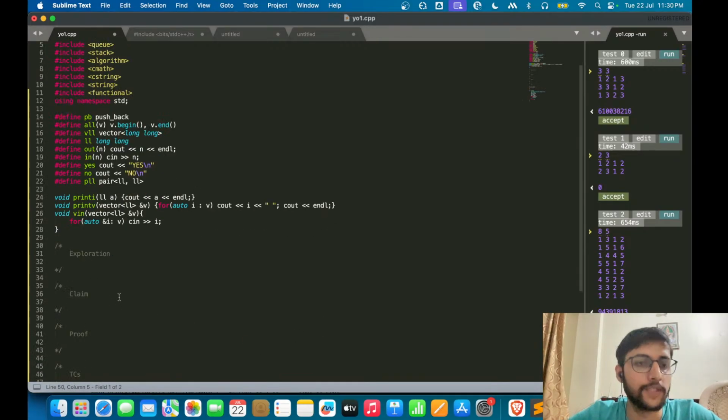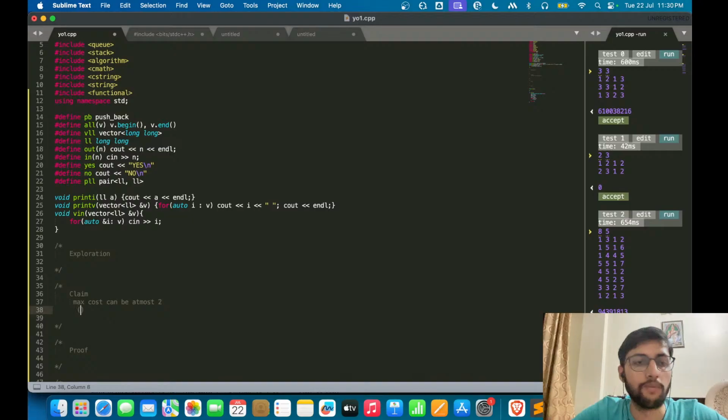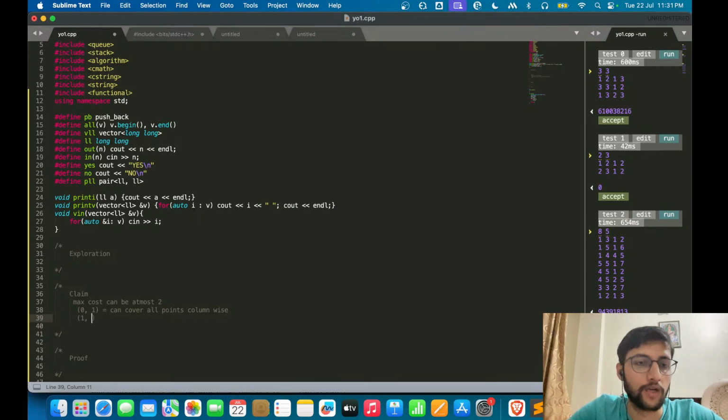So what I'm saying is that the max cost can be at most 2, and this will be basically, if you choose 0 1, this can cover all points column wise, and 1 0 can cover such points row wise.